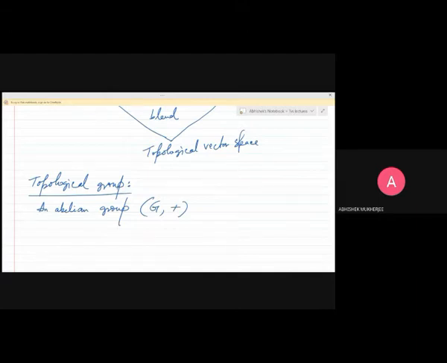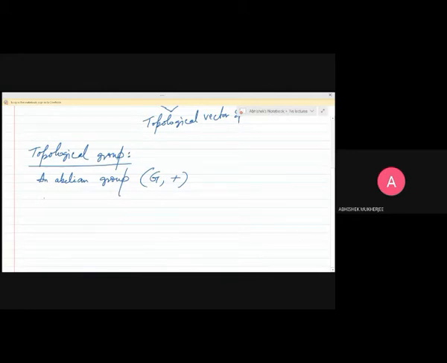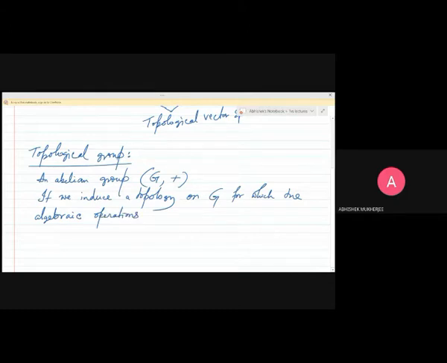And then if we induce a topology on G for which the algebraic operations will be compatible with the topology.